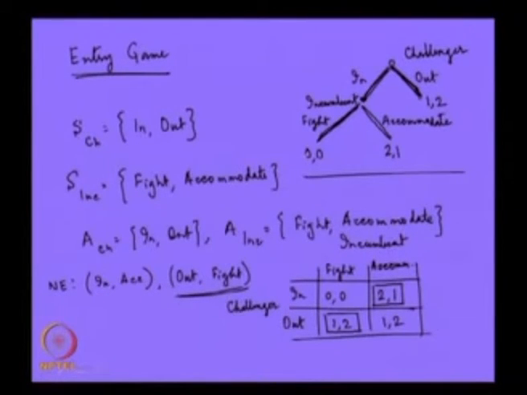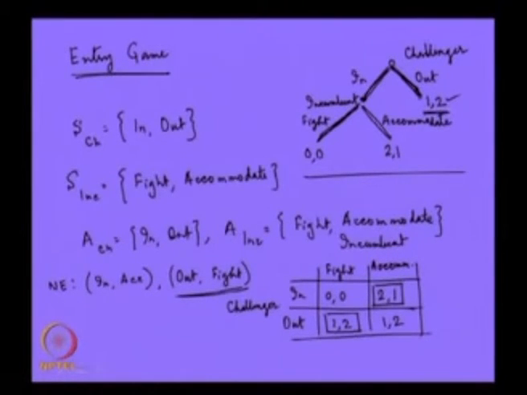And is this equilibrium or optimal from the incumbent's point of view? Well, yes, because the challenger is choosing out, so the incumbent is getting 2. Now, it does not really matter whether the incumbent chooses fight or accommodate, because the outcome remains at out, right?